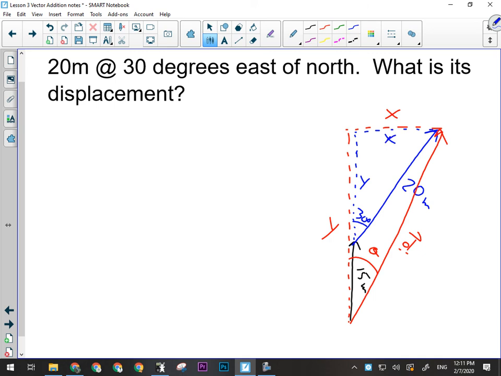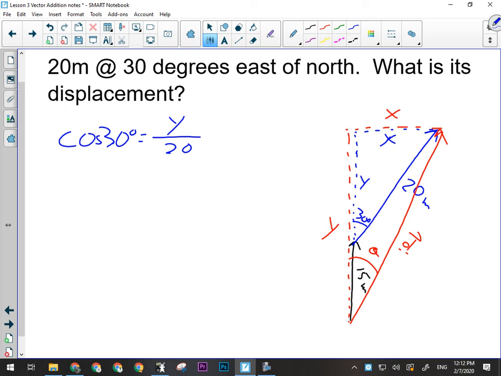Now, if I want to calculate this side here, the Y, it's adjacent to the 30-degree angle, and I know the hypotenuse. What trig function relates the adjacent side and the hypotenuse? Cos. Cos of theta is adjacent divided by hypotenuse. So I should be able to calculate that. The cos of 30 degrees should equal y divided by 20.